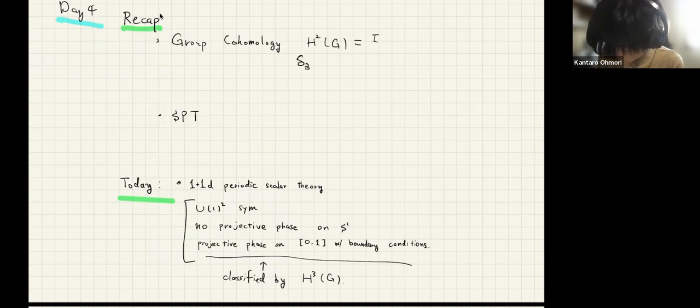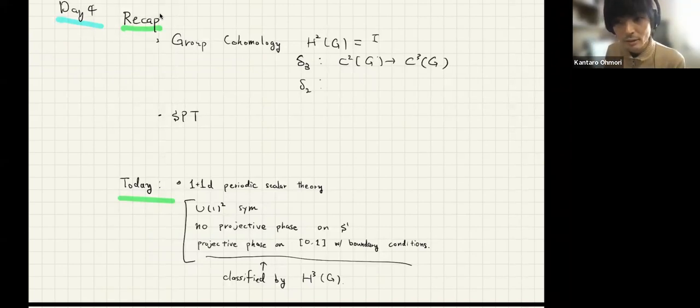We had the derivative that sends two-cochains to three-cochains, where a two-cochain is just a function of two elements of the group valued in U1.